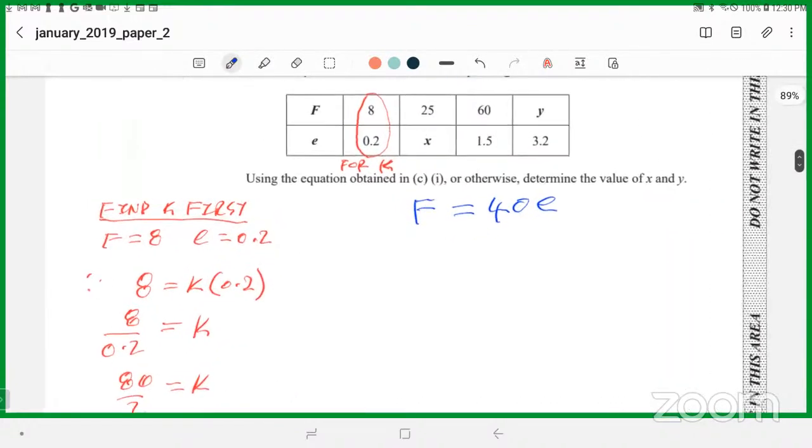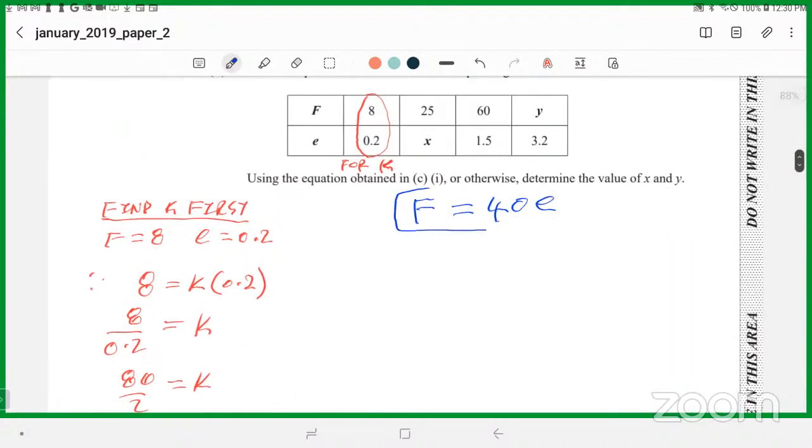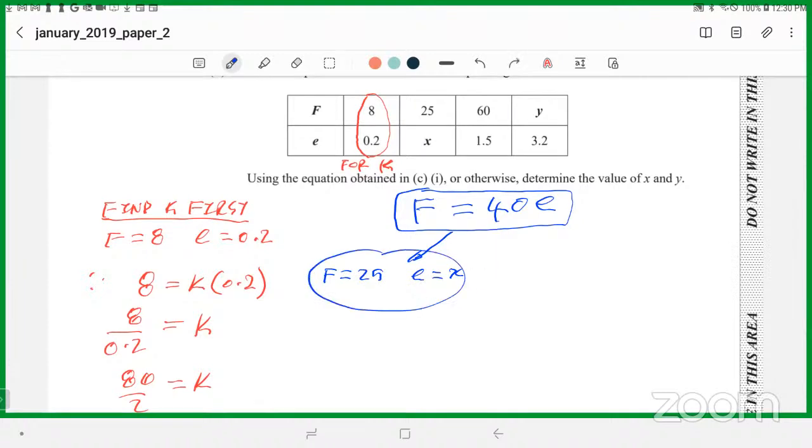This now will govern our way forward. That's the relationship between the force and the extension. We're going to use it on this pair to find X first, which is when F equals 25, the extension is X.